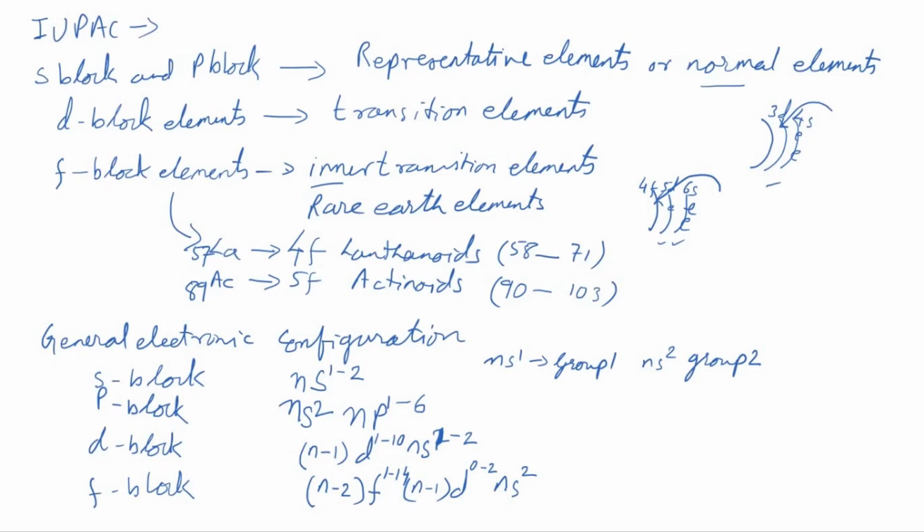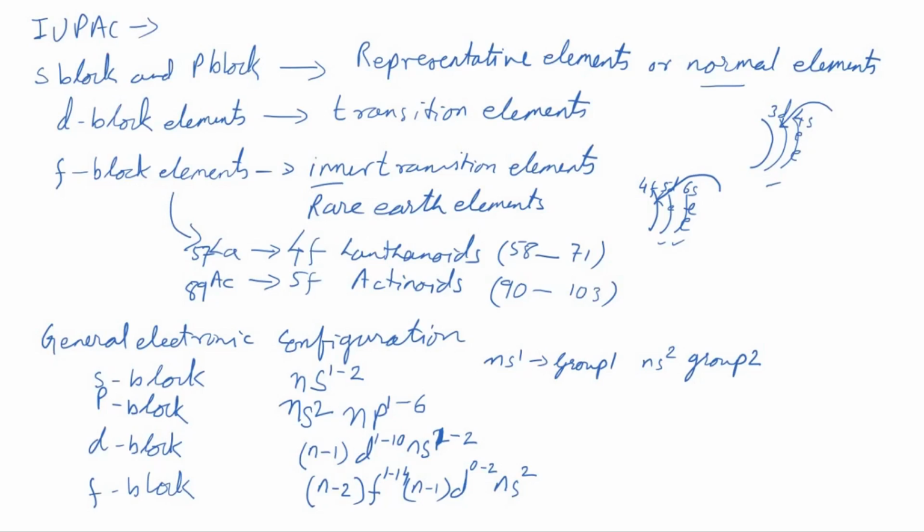The general configuration of S block was NS1 or 2 electrons. So this way, P block NS2 NP1 to 6. D block N minus 1 D1 to 10 NS1 or 2. And F block N minus 2 F1 to 14.